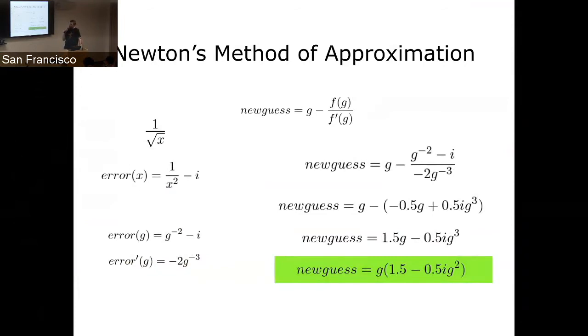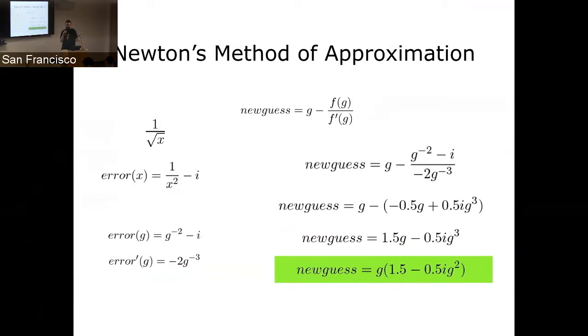There is a lot of math to prove what is happening with the Newton method of approximation. But the important thing is the method allows us to guess with a couple of approximations the root of any function.